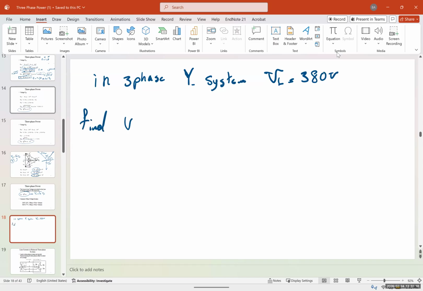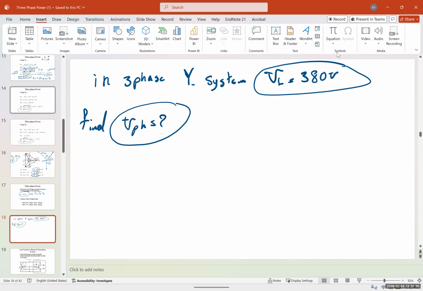Find V phase. So V line is 380 volts. We want to find V phase. The magnitude of V phase, we don't care about the angle.